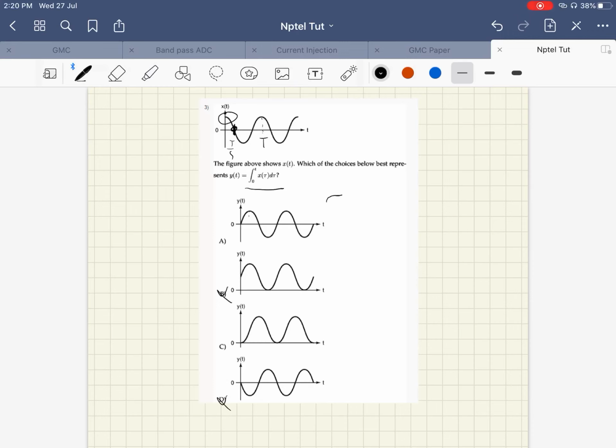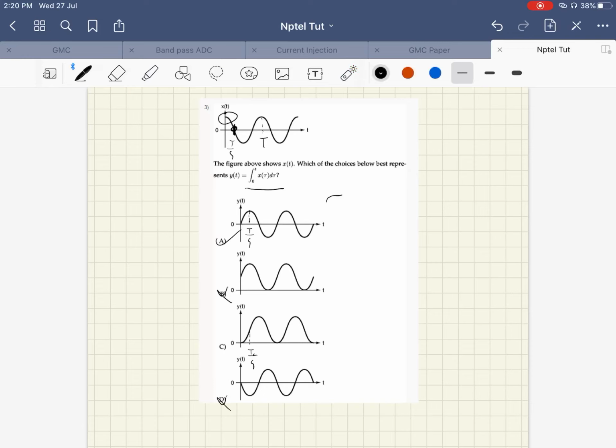Now let's see which waveform out of A and C is flat at this instant. So this is at T by 4 for this, and at T by 4 in option C we have this. So we see that for C this waveform is continuously increasing, which is not possible with derivative 0. So A is the correct answer.